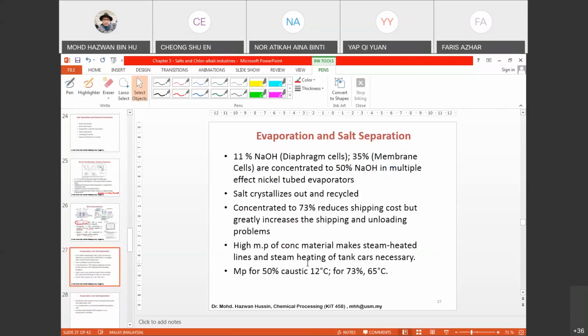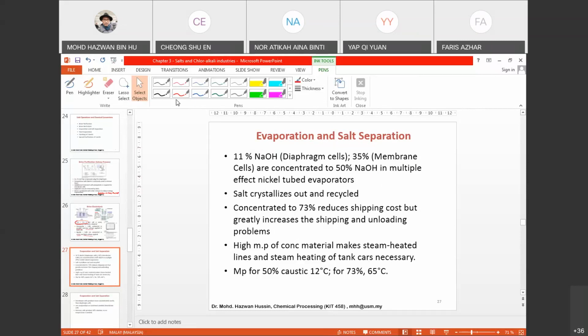Evaporation of caustic soda and salt separation. Around 11% sodium hydroxide is produced from the diaphragm cell, and 35% from the membrane cell, which are concentrated to 50% in multiple effect nickel tube evaporators.